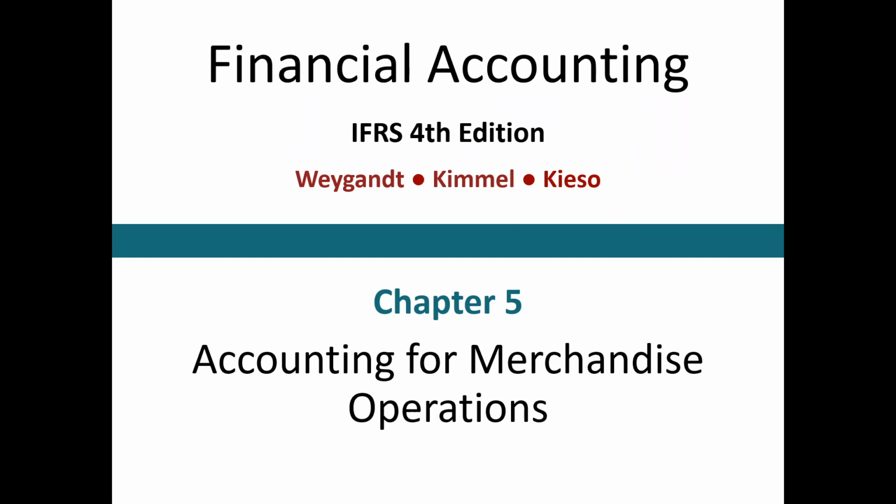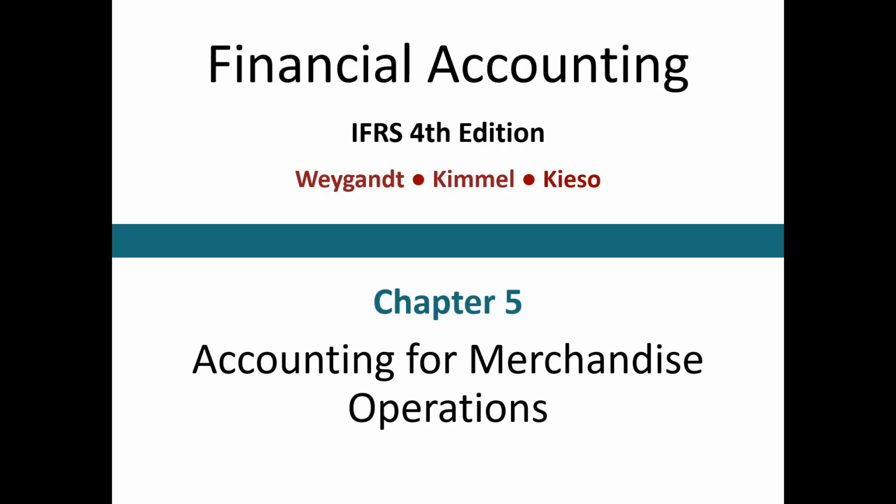If you haven't downloaded the slide, it's on the portal already, so you can download it from your portal. Starting from chapter 5, we will tell you specific asset, specific liability, specific equity for each chapter. Because we've done the accounting cycle already, from chapter 1, 2, 3, 4.